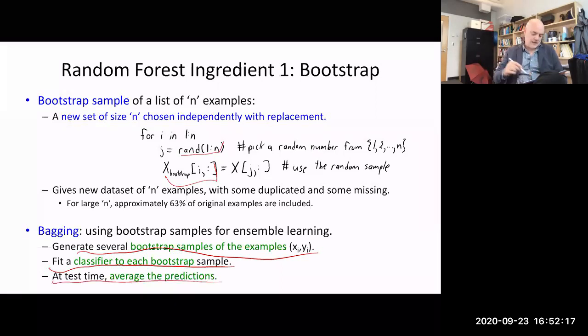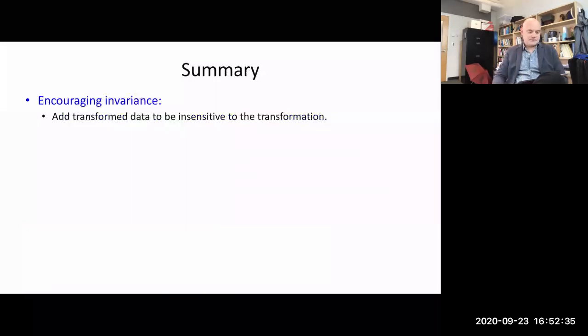And then at test time, you average the predictions. Okay? That's a random forest. So it's an averaged ensemble of deep-ish decision trees fit on bootstrap samples of your training data. Cool. That's it.